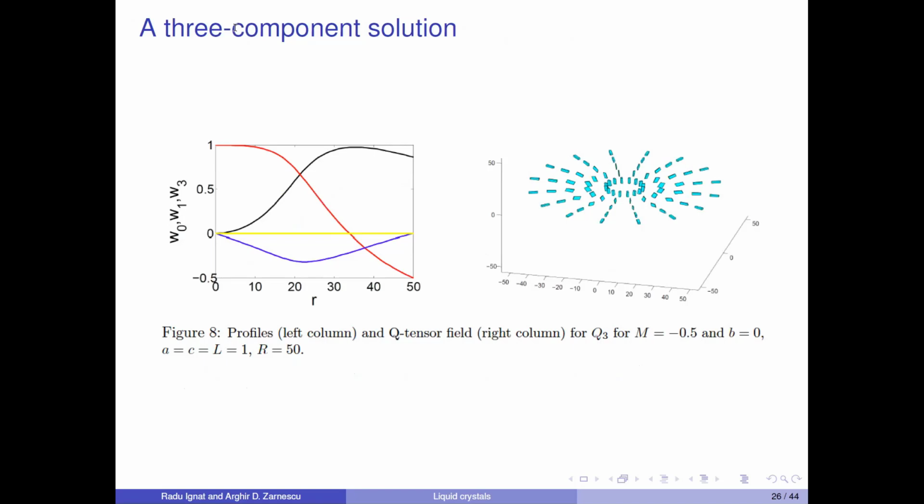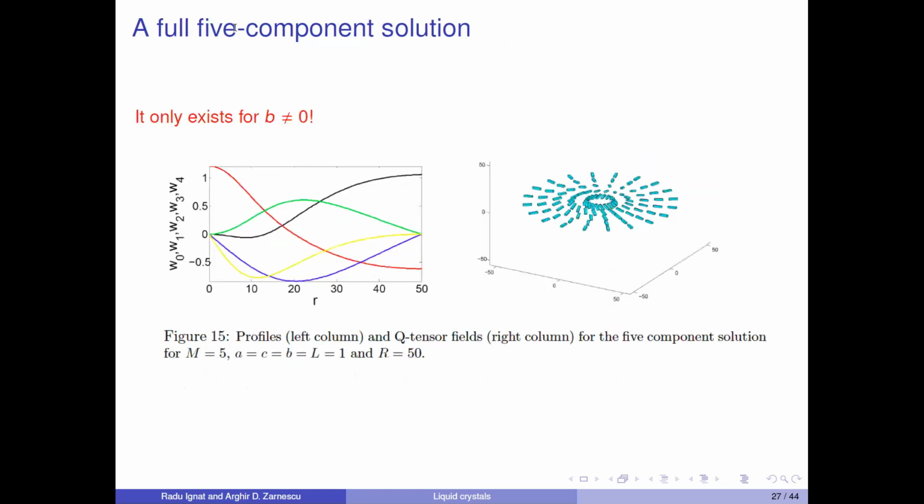And then as things start getting a bit more interesting, there is this twist as you approach the origin. And then a full 5-component solution where you change sign, and it's quite a convoluted thing. This is still a symmetrical solution, but a really complicated one.